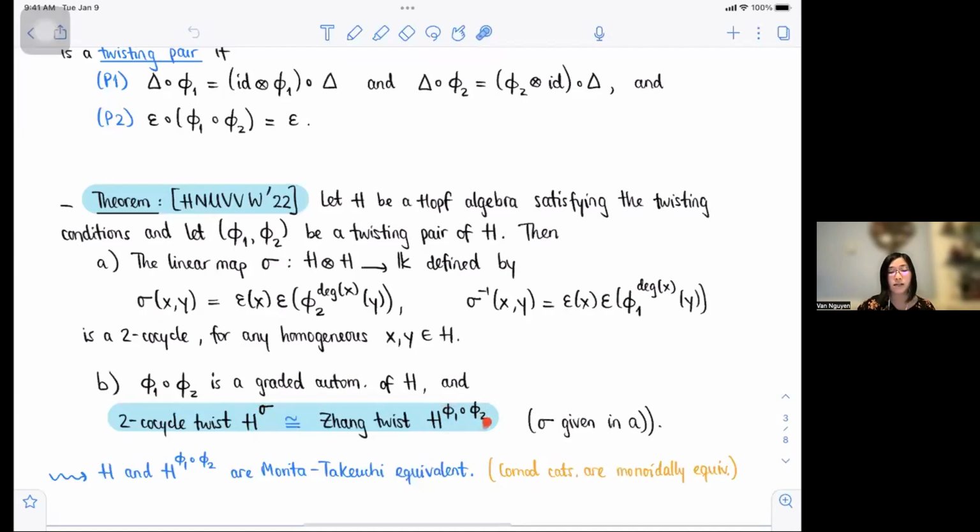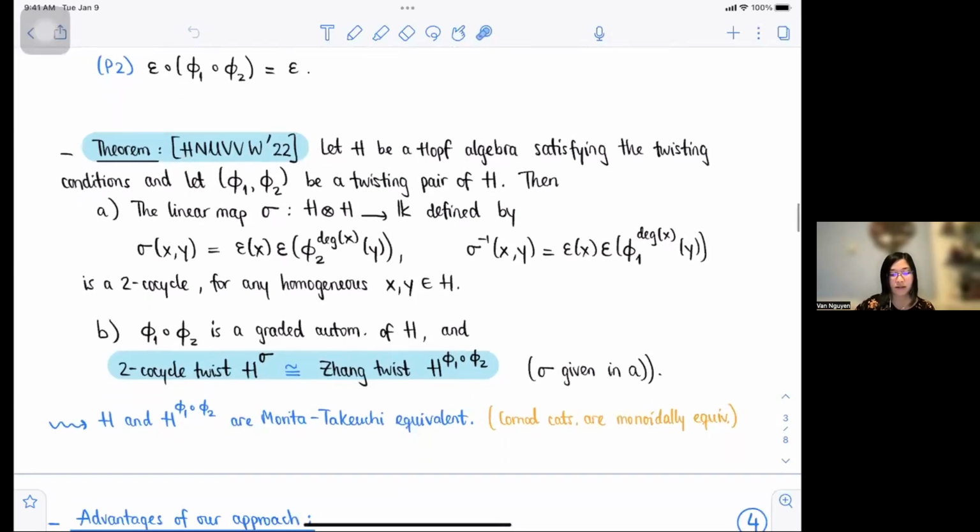The consequence of this result is that H and this Zhang twist are Morita-Takeuchi equivalent. That means the categories of comodules over these two algebras are tensor or monoidally equivalent. So that basically targets the main question that we started out with.